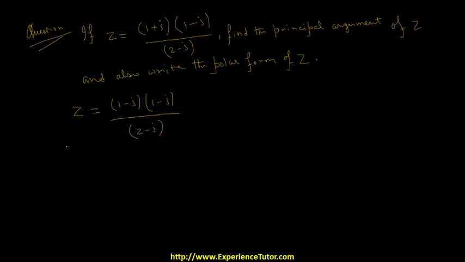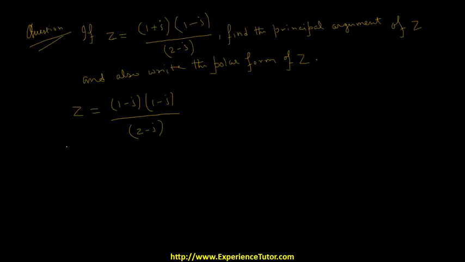Our next question is, if z is equal to 1 plus i into 1 minus i upon 2 minus i, find the principal argument of z and also write the polar form of z.